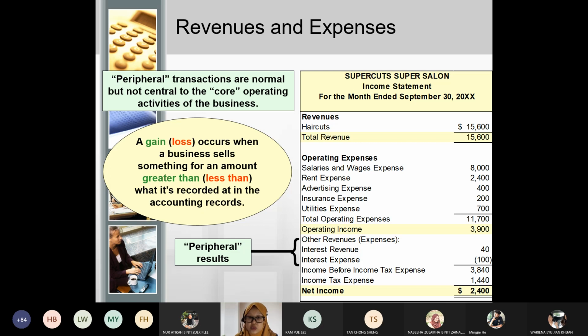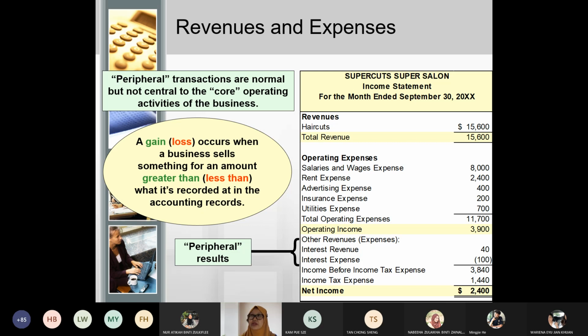All right, so here, this is how we report the peripheral results. The example given here is interest. What I explained just now was gains and losses if you dispose of assets, if you sell the assets of the company.